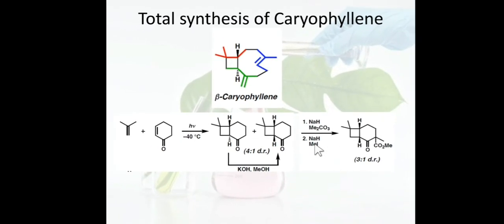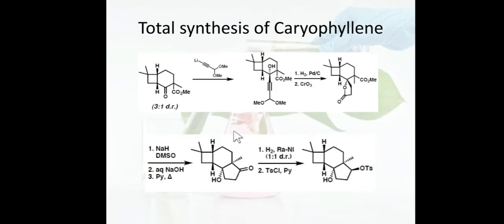Let's see what the next reaction is. This derivative is then treated with a very important reagent, that is the lithio derivative of propyl dimethyl acetal. As you know, the carbanion over here is the most stable carbanion, it will attack the carbonyl carbon and we get this kind of derivative.